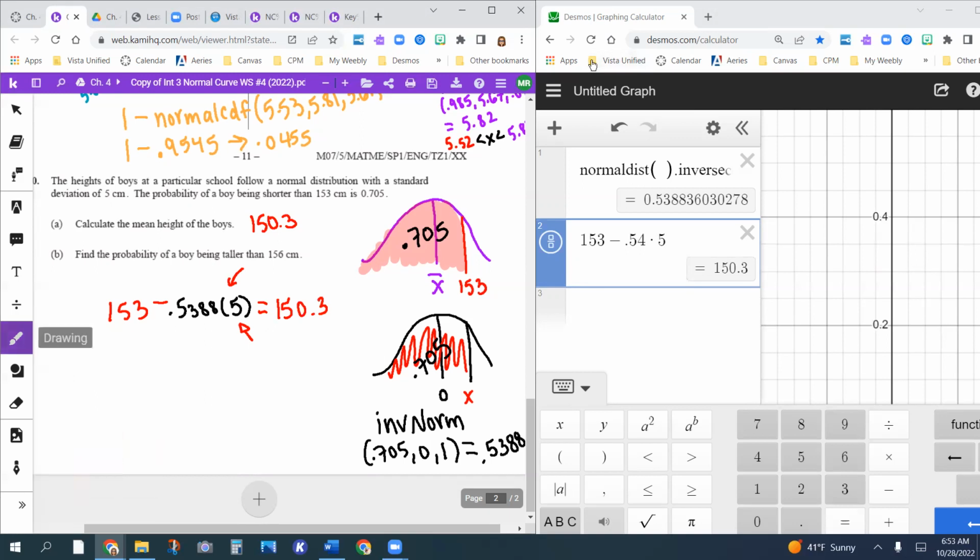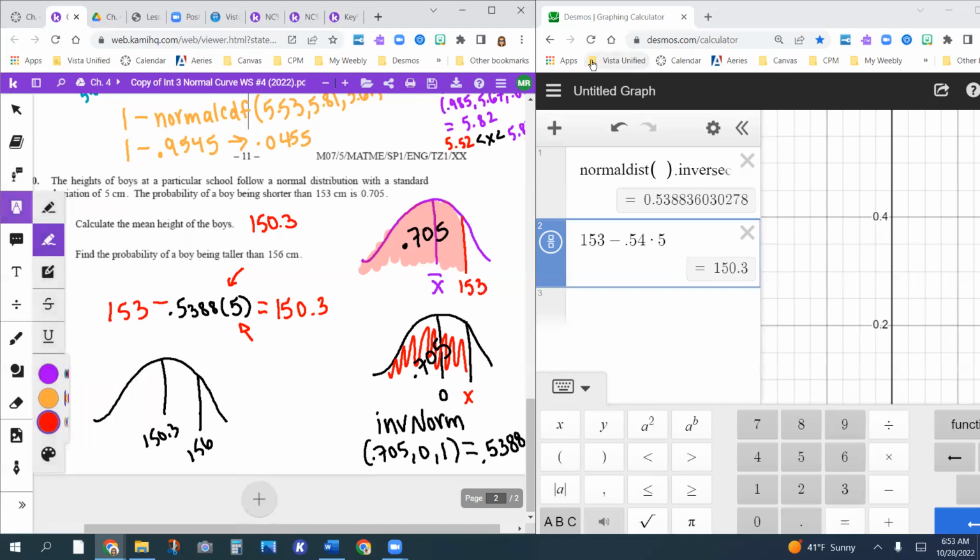Now, the next one, I'm going to find the probability of a boy being taller than 156. So if my mean is 150.3, and I want to see the probability of them being above 156.